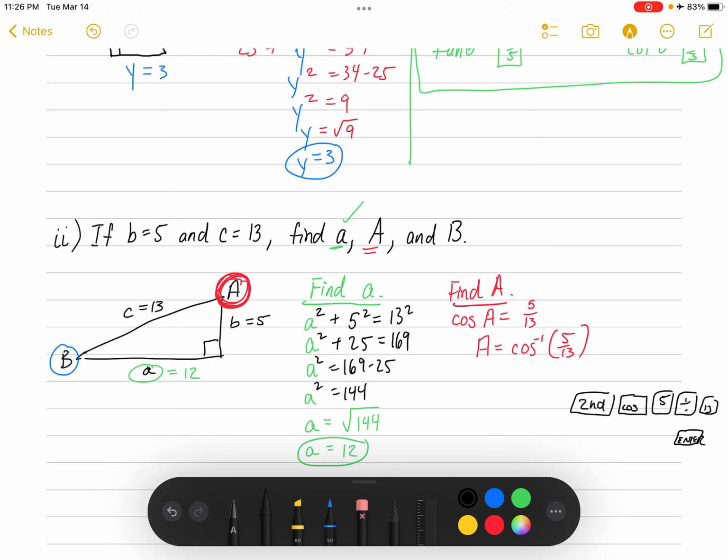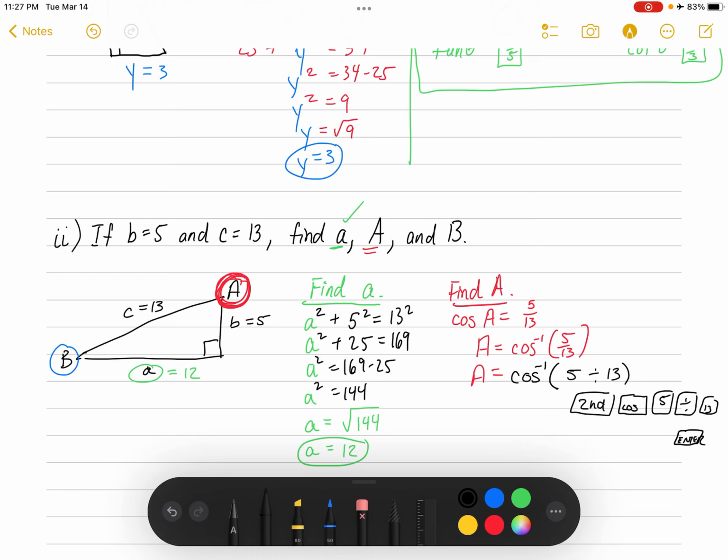That's the sequence of buttons I press in my calculator. So when you actually plug it in, at least mine looks like the cosine inverse 5 divided by 13, and I close my parentheses, and then I press enter.